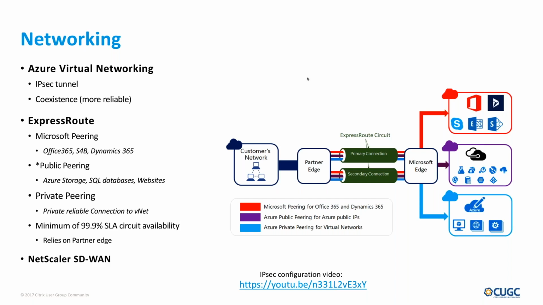To get more reliable and use a more SLA-based connection, you can activate ExpressRoute. ExpressRoute is an MPLS BGP VPN connection from Microsoft Azure to one of the secondary data center vendors that are involved with the ExpressRoute program, also known as the partner edge in the drawing.